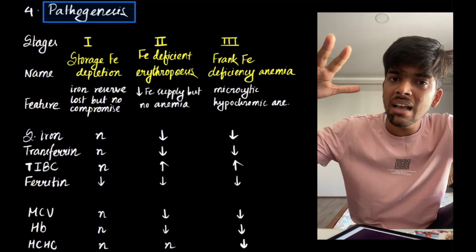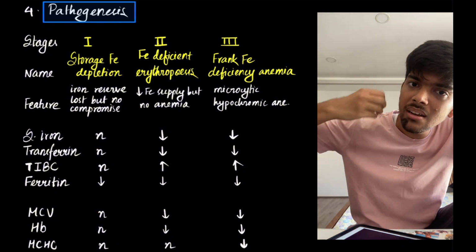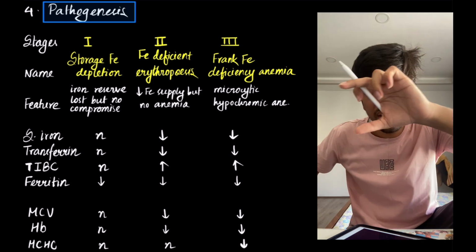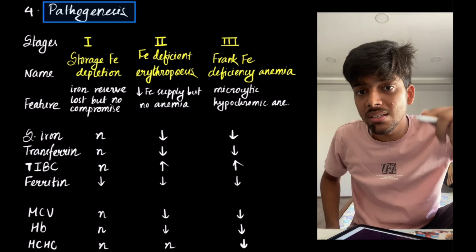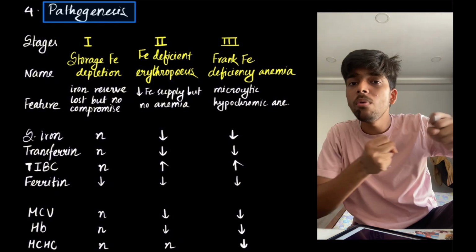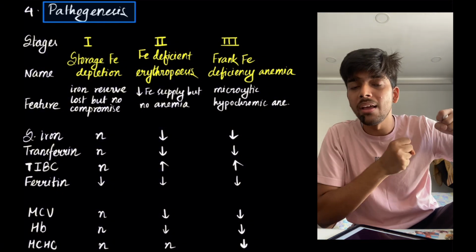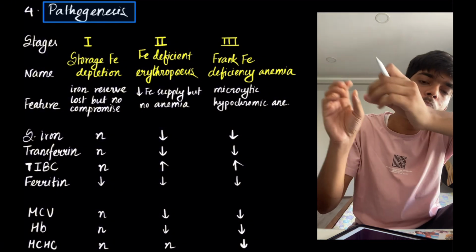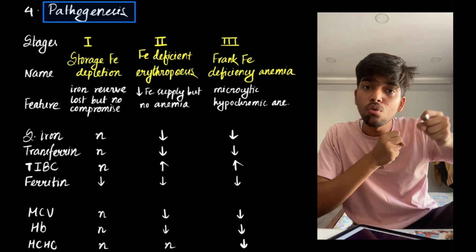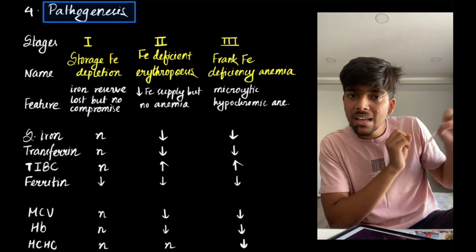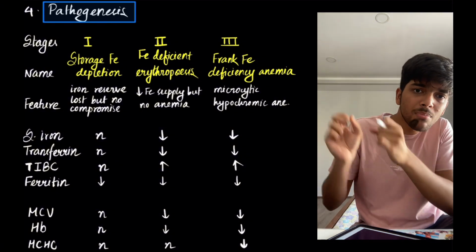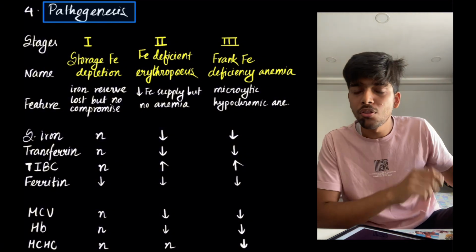Then what happens? Now the storage iron is gone. You have iron in the blood. This iron is utilized for erythropoiesis. However, since there is no more absorption of iron taking place, there is less iron for erythropoiesis.